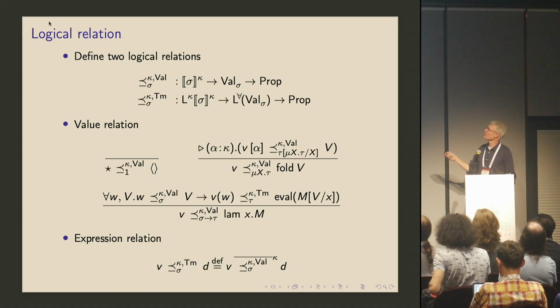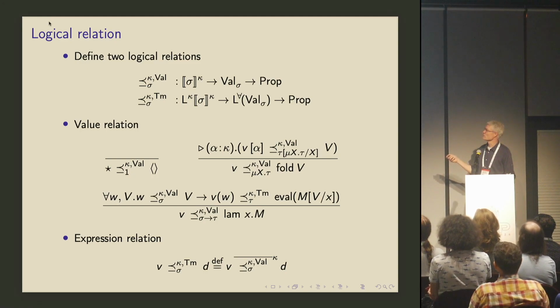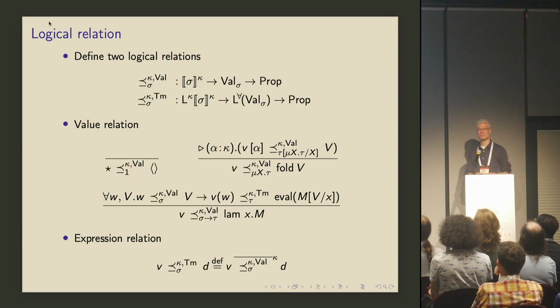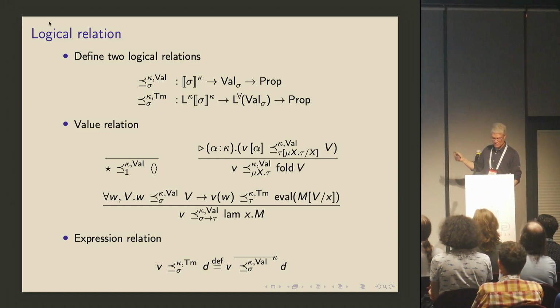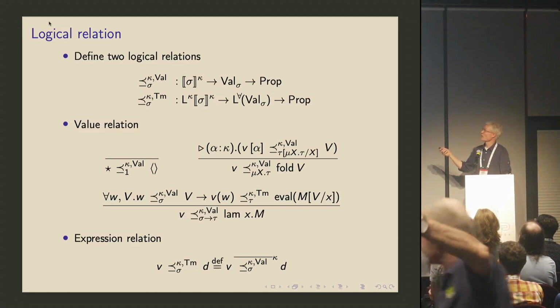Many of the other cases are standard. For instance, to relate two functions: two functions are related if for all related input values, they return related output terms, like this. The case of the recursive type is perhaps non-standard. Here for recursive types, I essentially use guarded recursion.